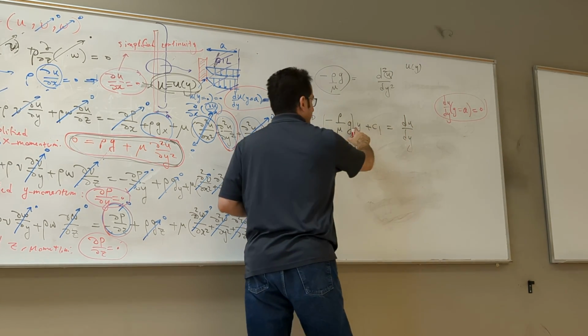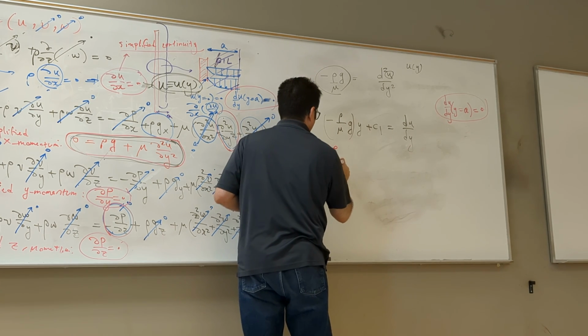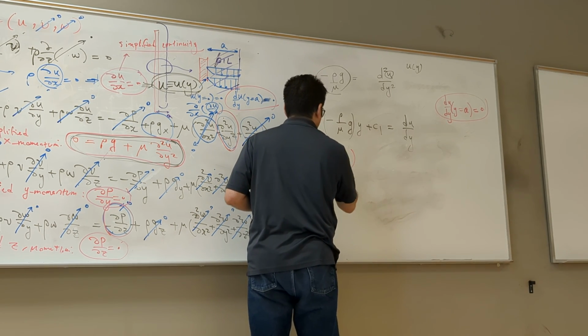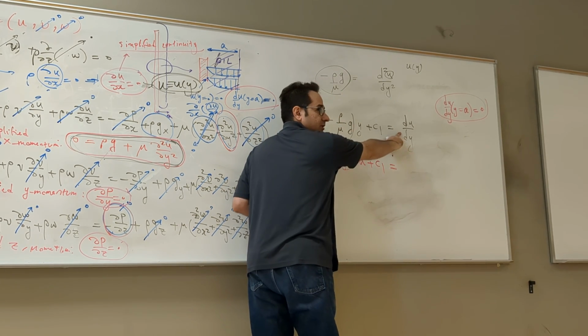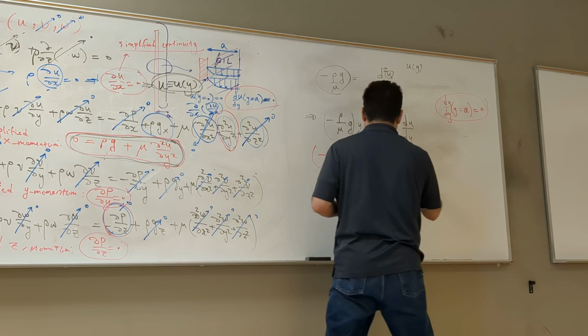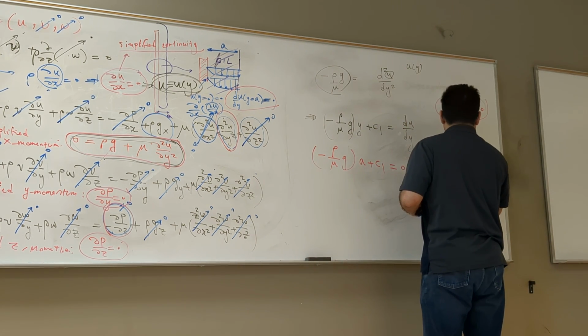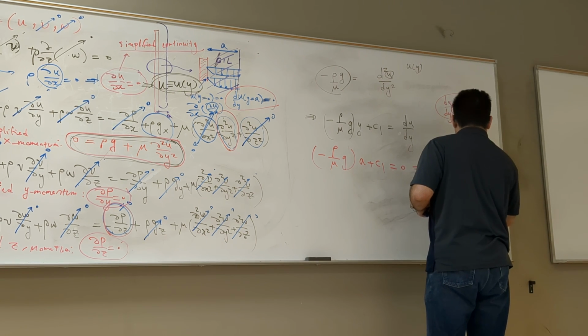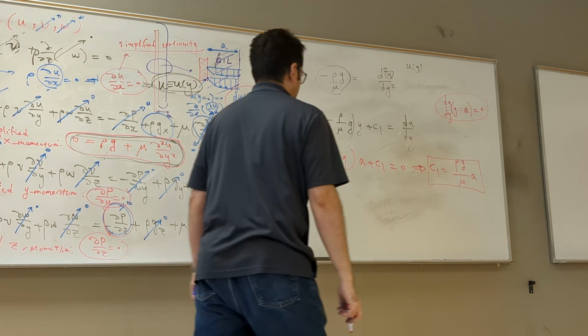Let's apply it. Put y equal to a. So that's what I do. Negative rho over mu g, put y equal to a, plus c1. This must be equal to 0. So c1 is what? c1 is equal to rho g over mu times a. Alright?